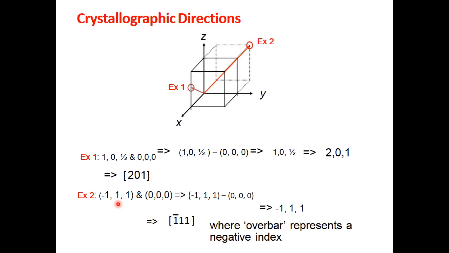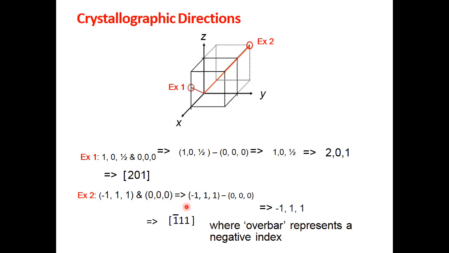So we have 1 for y2, and for z2 the point lies along positive z-axis, again 1 unit. So we have z2 as 1. So overall minus 1, 1, 1, and the starting point, it's our origin, that is 0, 0, 0.